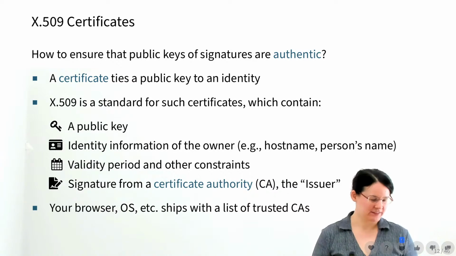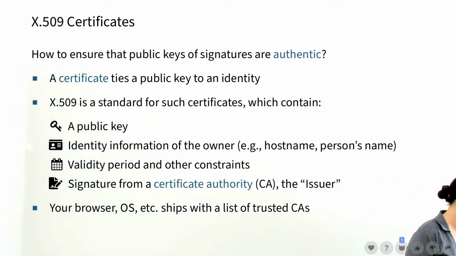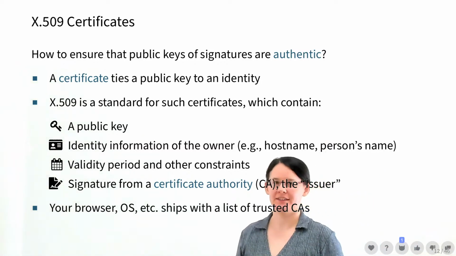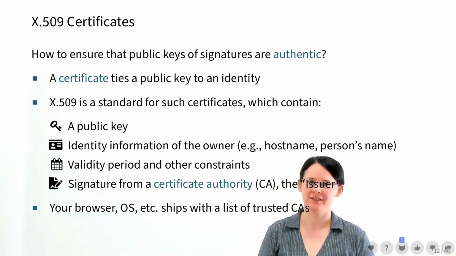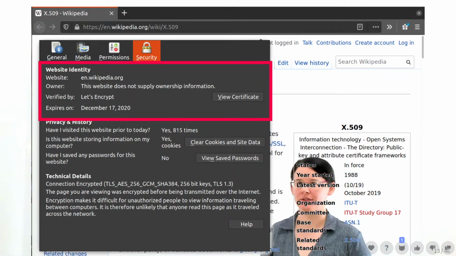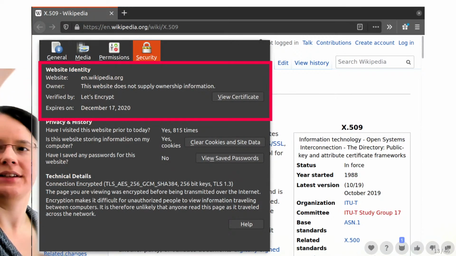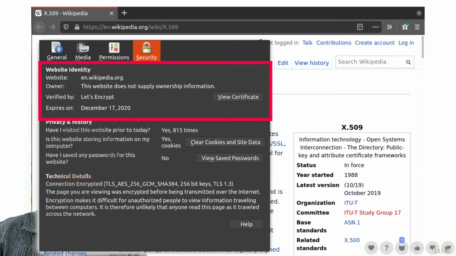Okay, so now let's have a look at what this looks like, or how you can actually have a look at all these certificates. So as an example here, I've picked Firefox, but really the situation is very similar in other browsers. So if you established a connection somewhere, like for example, I went to Wikipedia, you can see on top here, well, I can't point there because the camera ends there, but you see this lock symbol, which means you're using HTTPS.